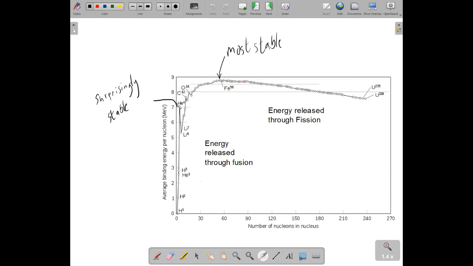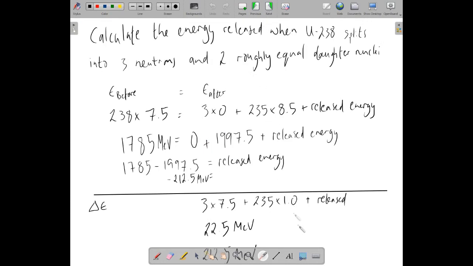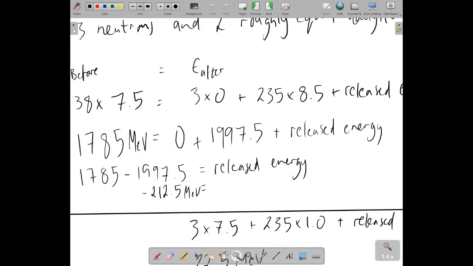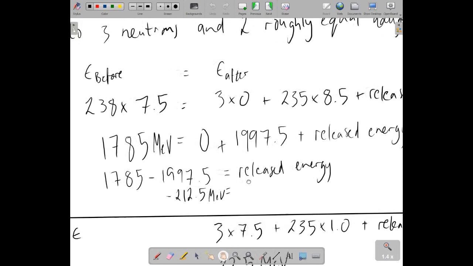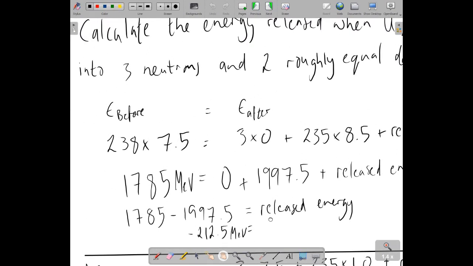So the nuclei, I'm going to start off with the average binding energy per nucleon being about 7.5 here and going up to 8.5 here. Now those are 2 convenient numbers to work with. So I'm going to just look at the basic idea of taking the energy before should equal the energy after.